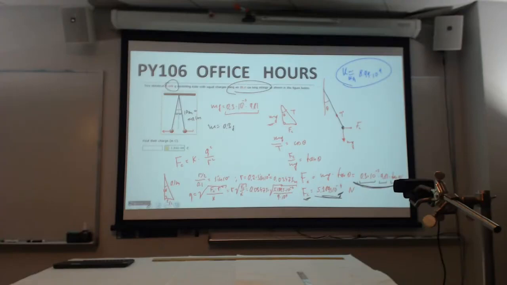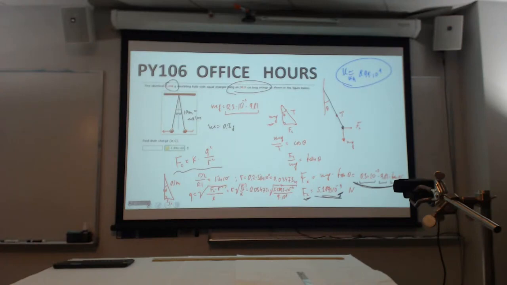So Coulomb's force times distance squared divided by the constant, square root of r squared, force.